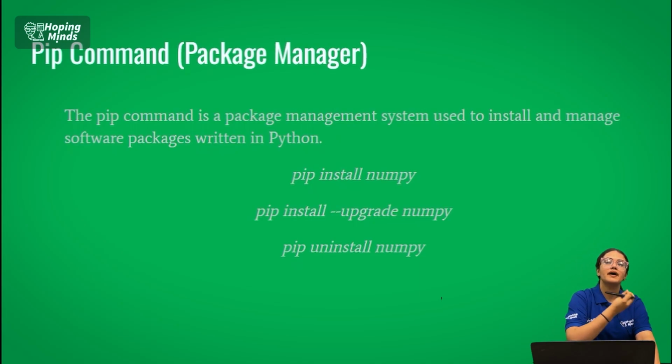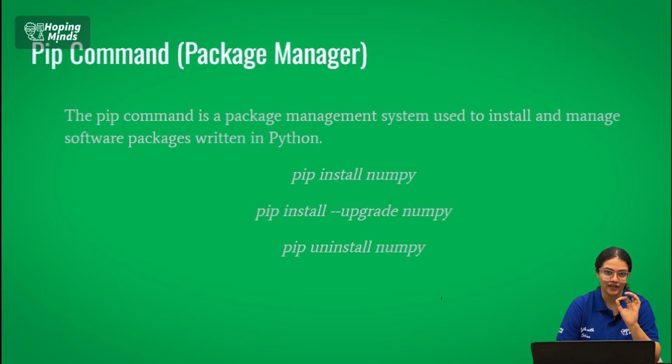Very simple: NumPy, Pandas. These are packages that we will see in detail also, but just remember these names. You do not need to download these from the internet as such, but you can simply download them using the very basic pip command.